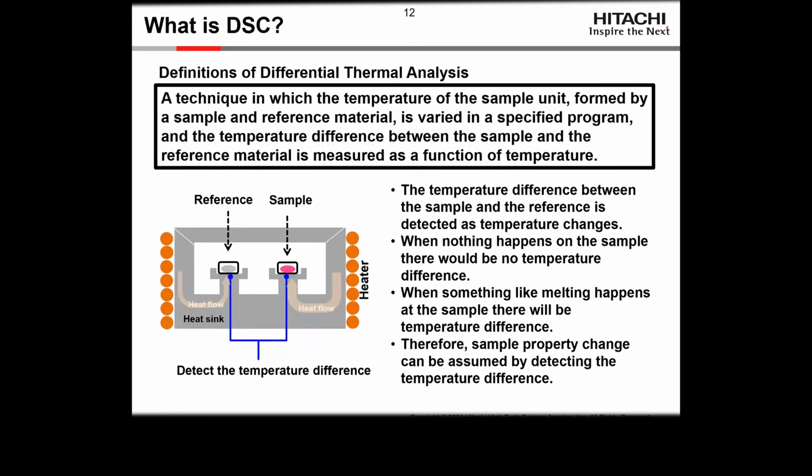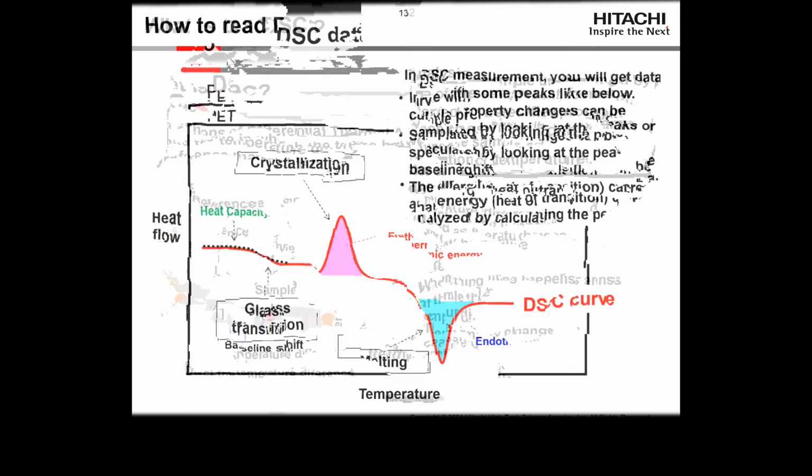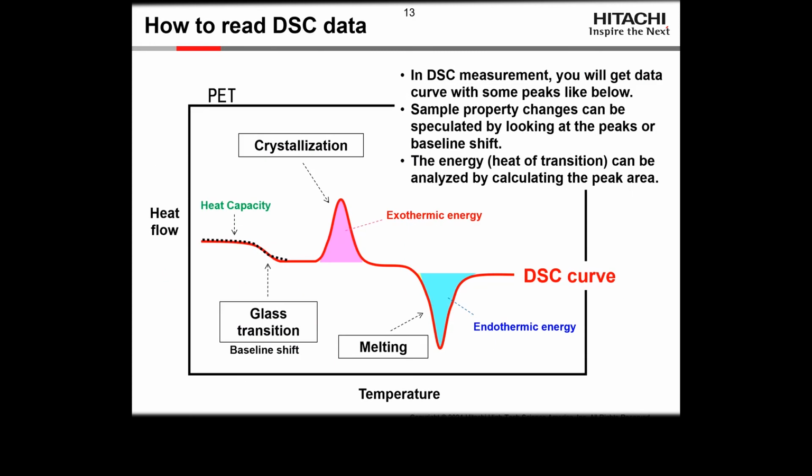DSC looks at the change in temperature between a sample and a reference. And from this change of temperature, we can tell what's going on in the sample. It either absorbs heat or it releases heat, depending on what happens. So if we look at how to read DSC data, a change in the baseline here indicates a change in the heat capacity of the material and gives us a glass transition.